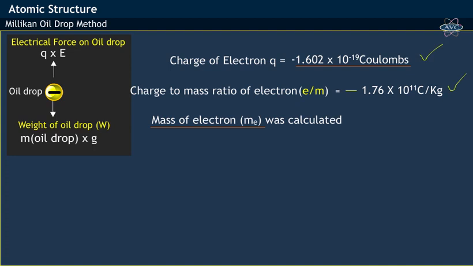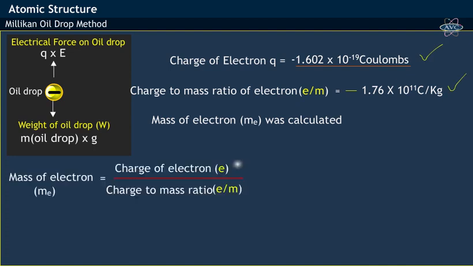On substituting these values in the equation e divided by e by m, we get minus 1.602 into 10 to the power of minus 19 divided by 1.76 into 10 to the power of 11.